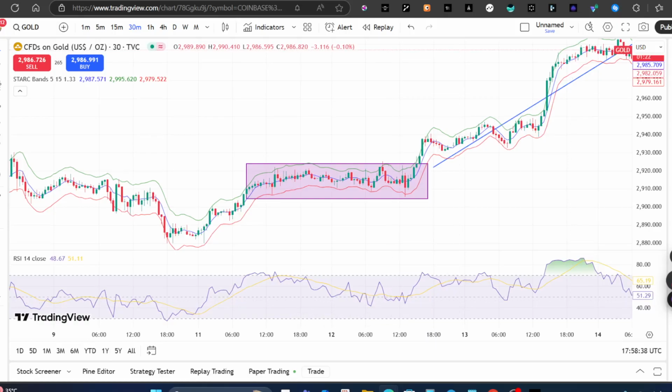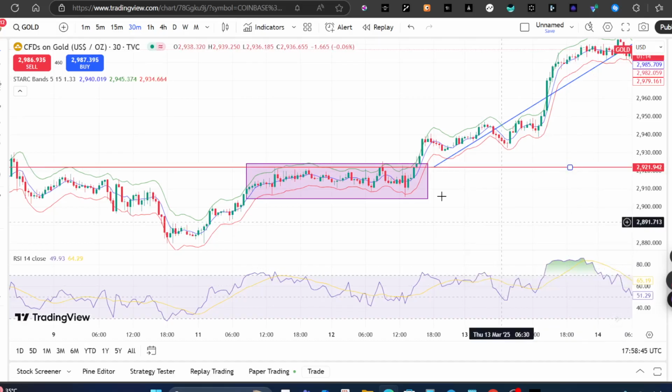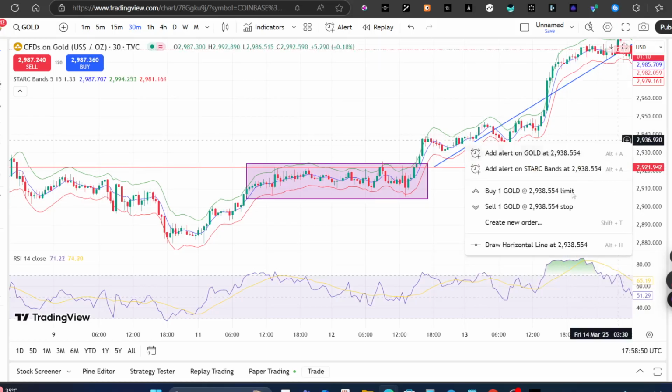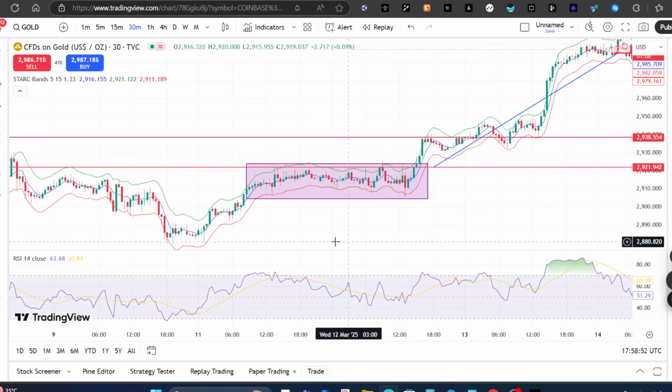Similarly, you could combine the Starc bands with support and resistance levels. You can plot these key levels on your chart. Identify these important zones on your chart.